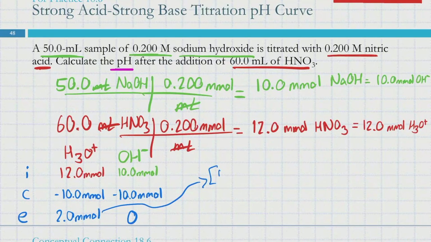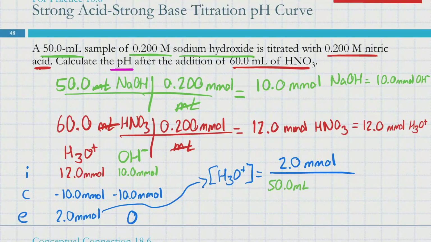So we can calculate our concentration of H3O plus. It's going to be the millimoles that we have left over divided by our total volume. And our total volume is the combination of the 50 milliliters of sodium hydroxide plus our 60 milliliters of nitric acid that we added.